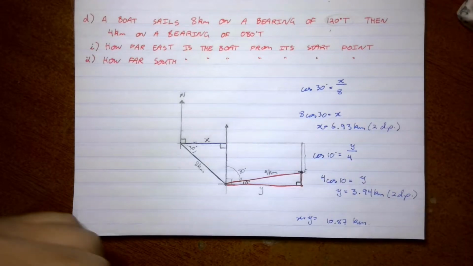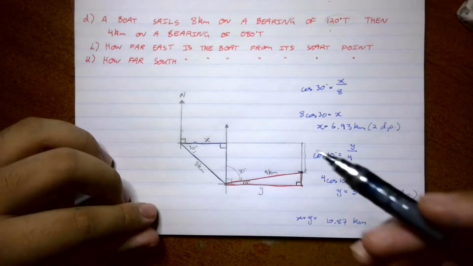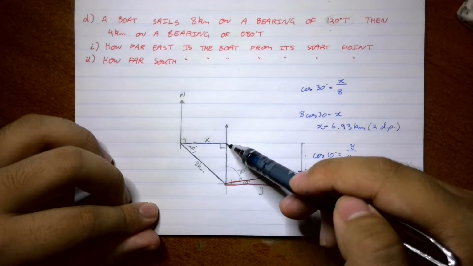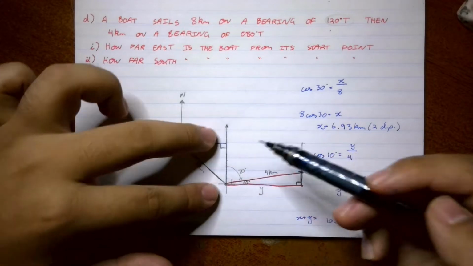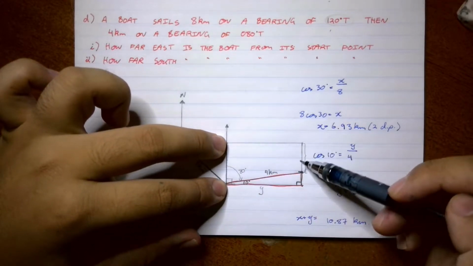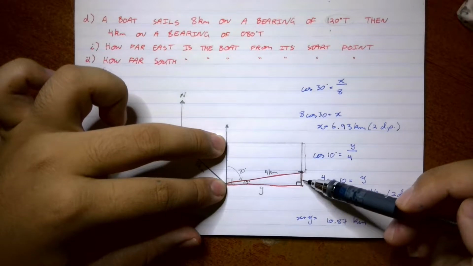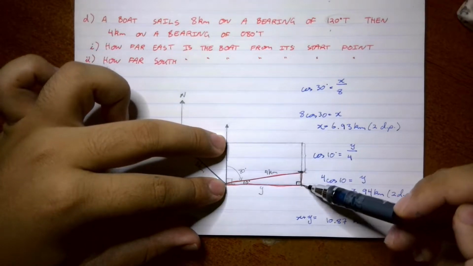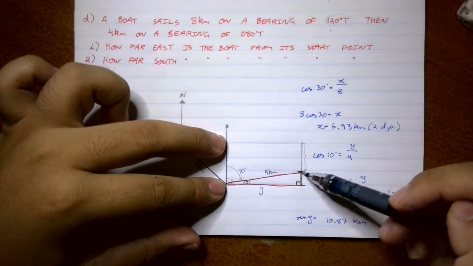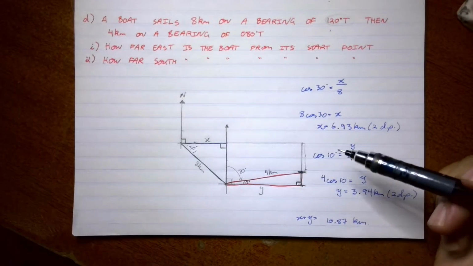How we're going to go about doing that is, if you take a look, this length here is much longer than this length here. But if we subtract this length from here to here, we can get the length that we need.